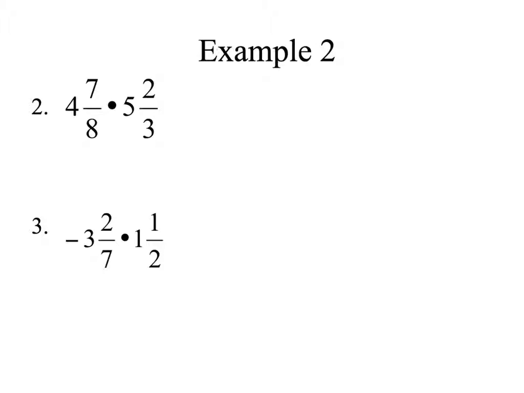So in number 2, 8 times 4 is 32. 32 and 7 is 39 over 8. 15, that's going to give me 17 over 3. So times 17 over 3. 3 divided by 3 is 1. 39 divided by 3 is actually 13. So 13 times 17 gives me 221 over 8.